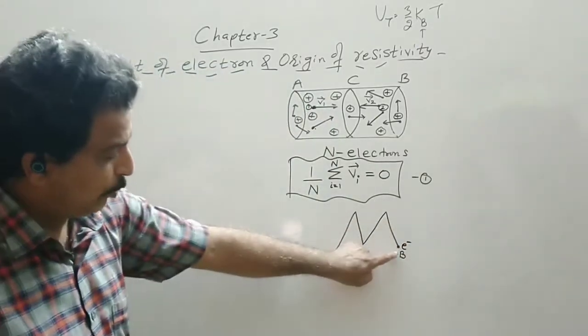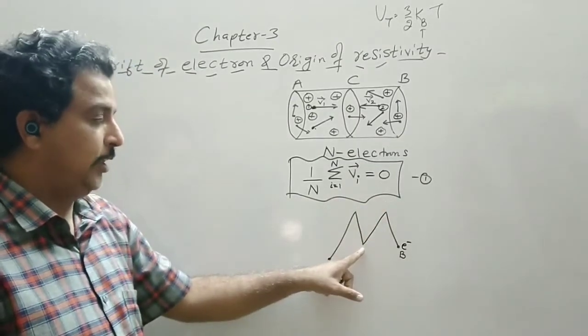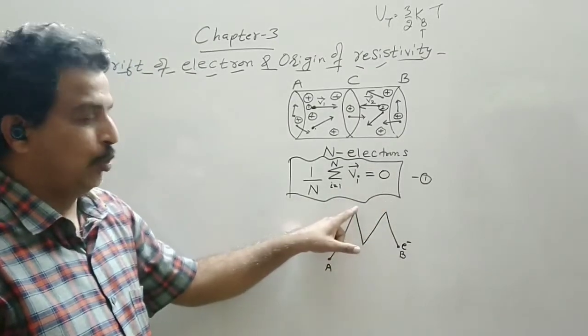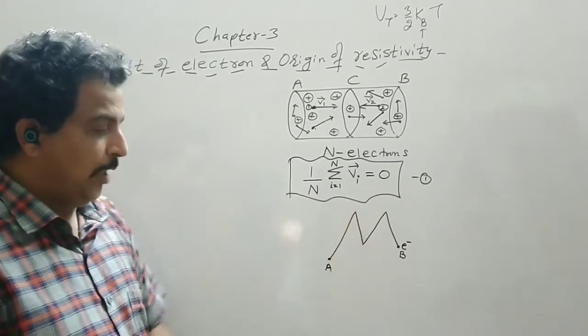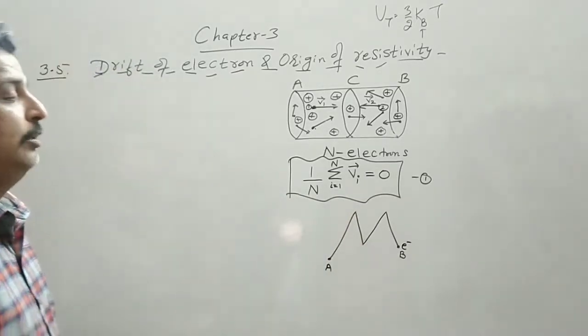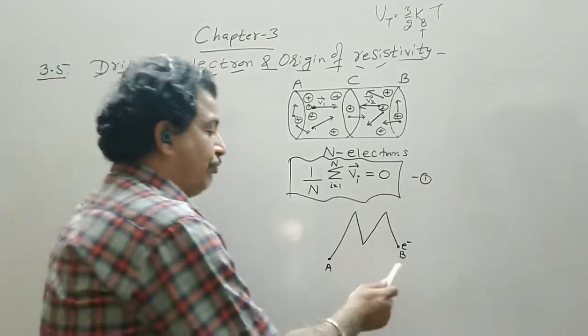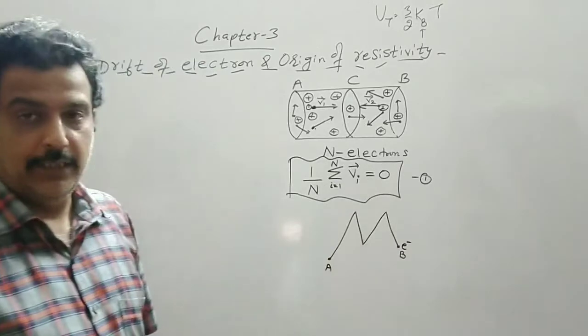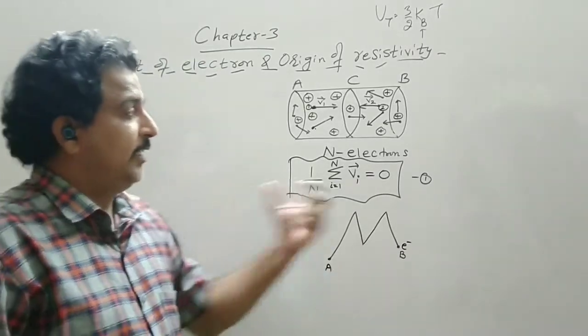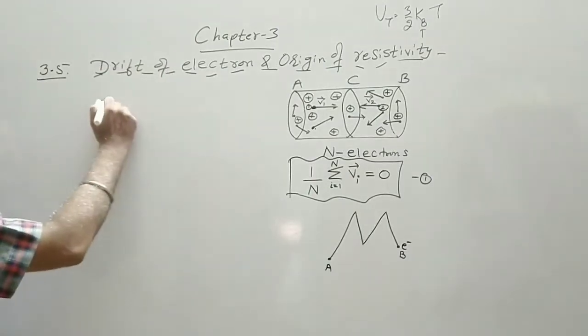Earlier it was moving in this direction, it collides, is thrown in this direction, then again collision, thrown in this direction, like this. So in the absence of the electric field, the electron moving in random directions has moved from B to point A.